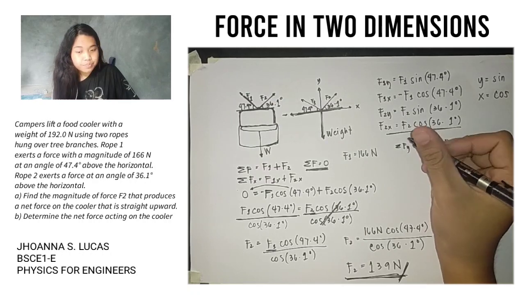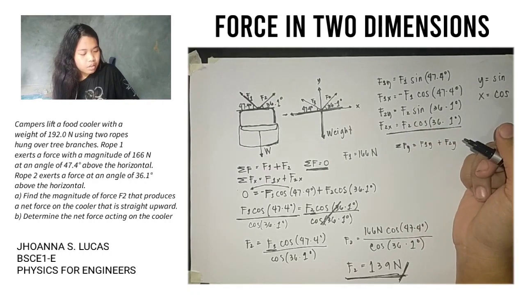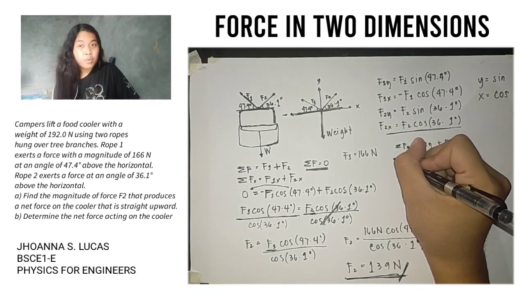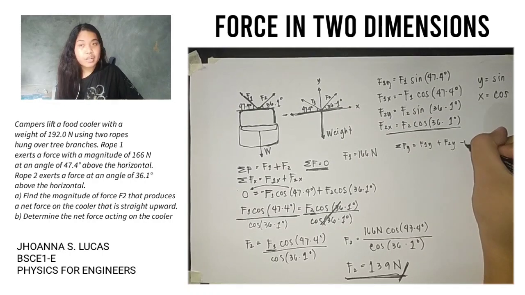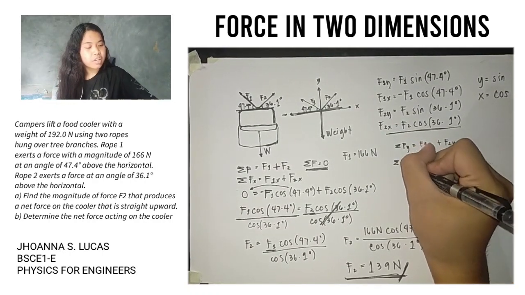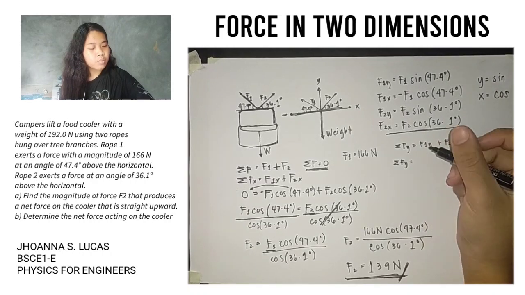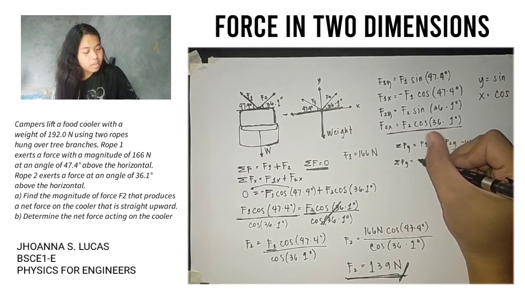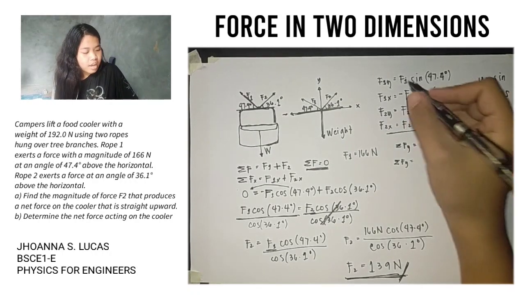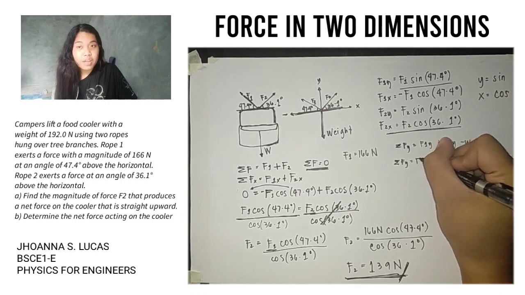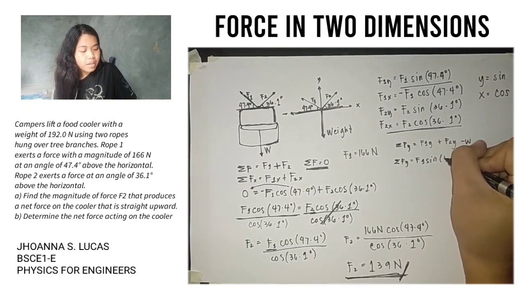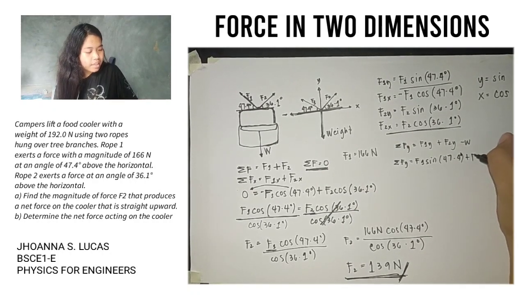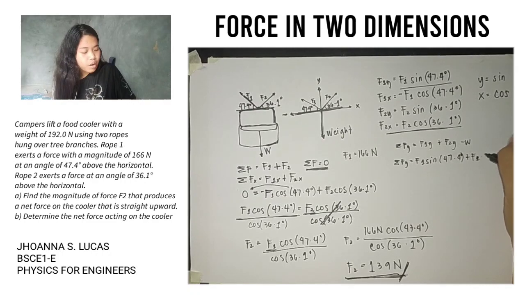So summation of Fy is equal to F sub 1y plus F sub 2y, like the one we wrote earlier. F sub 1y is equal to F sub 1 sine of 47.4 degrees plus F sub 2y, which is F sub 2 sine of 36.1 degrees.